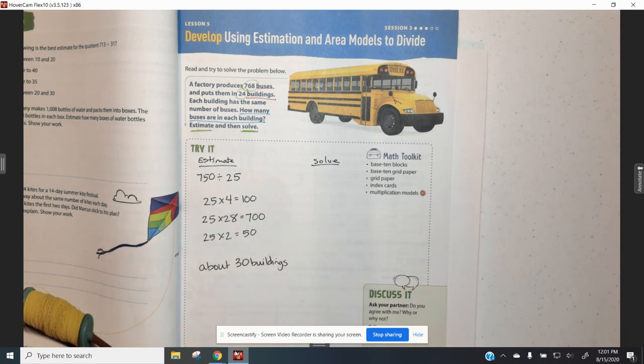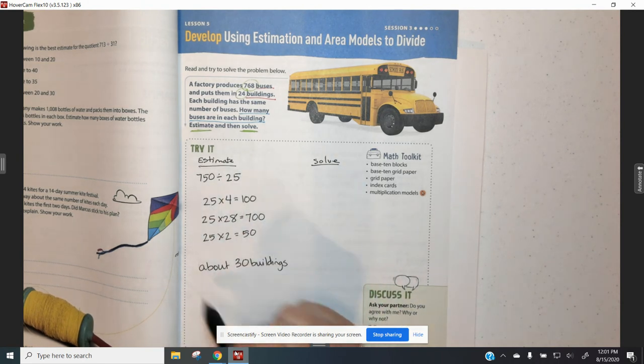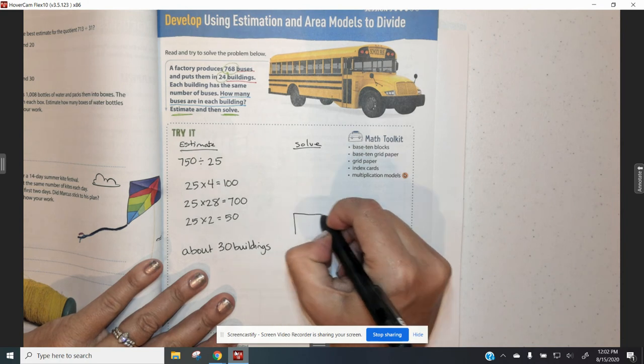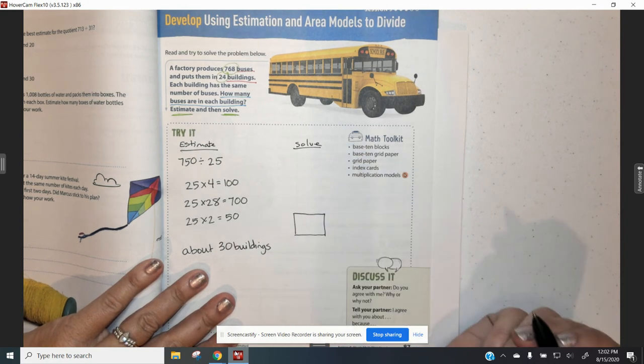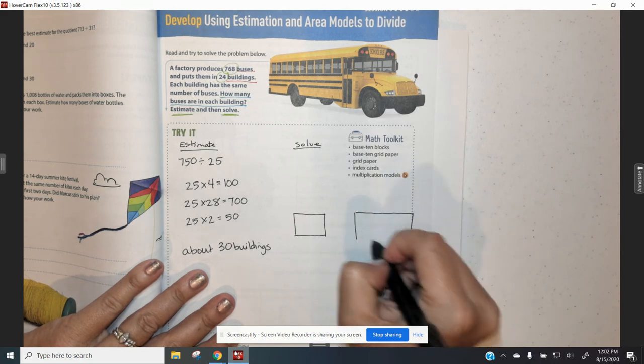Now, if you didn't get that, that is a-okay. But this just kind of gives us an idea of where our answer should be, how close it should be. So now we're actually going to solve it, and we're going to solve it using an area model. So remember that we draw our first rectangle, and then we draw our second rectangle.